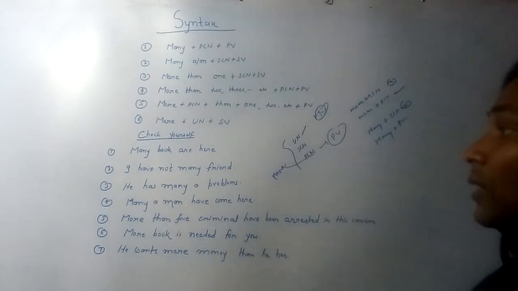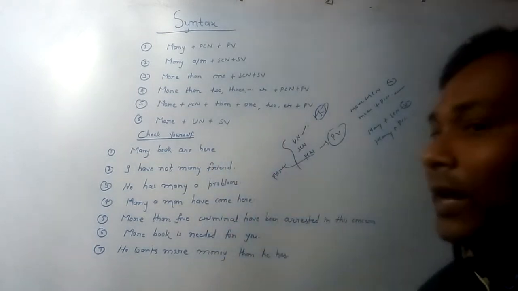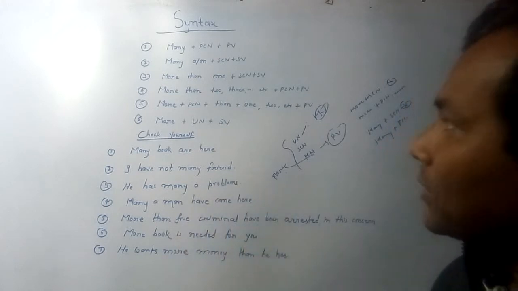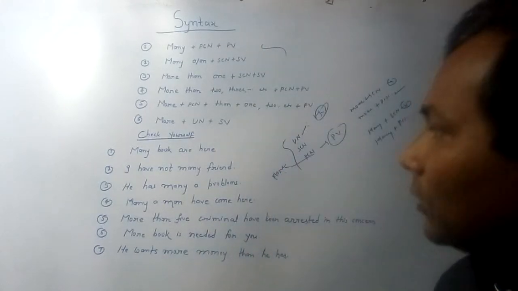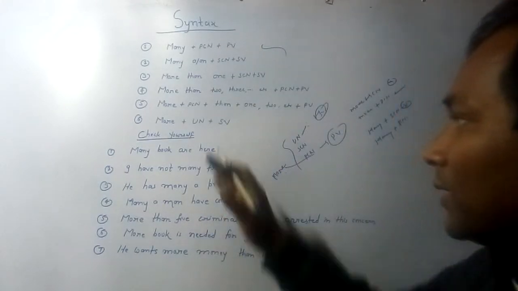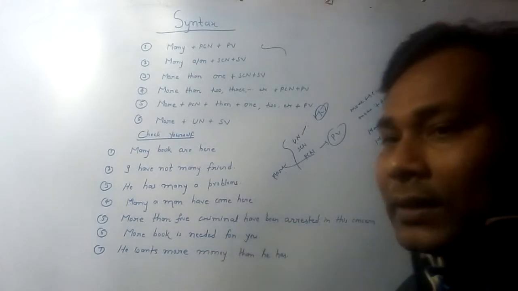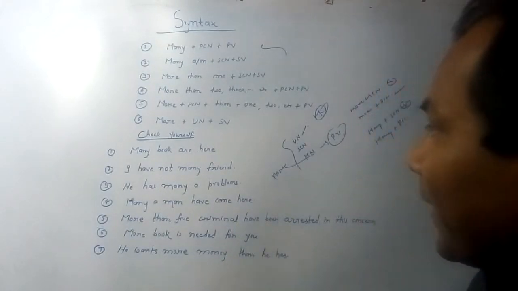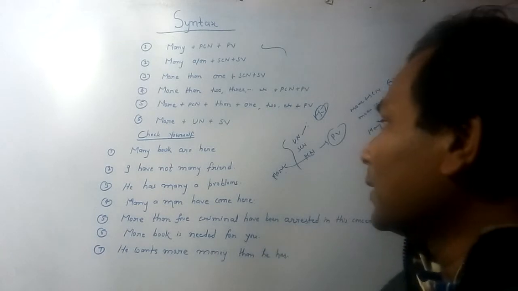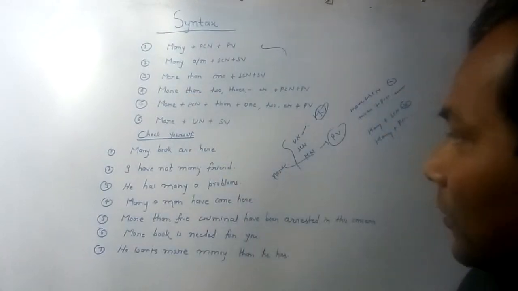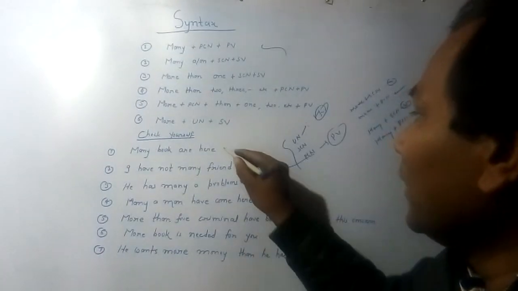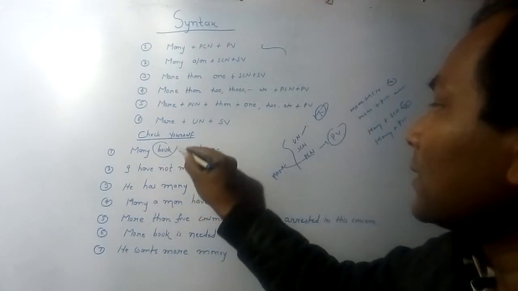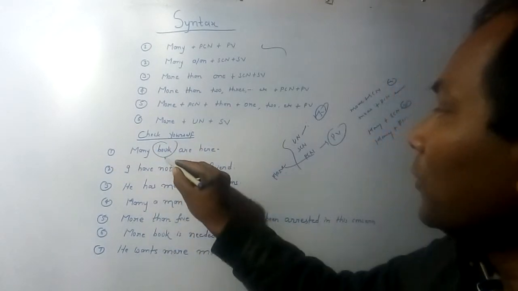Now let us see. You have to solve, check yourself. Then you will have full command of this rule. So you have to judge which rule is being observed. Okay, my dear students, now take the first check yourself. Many book are here. You can see book is a singular countable noun, so you can use books.